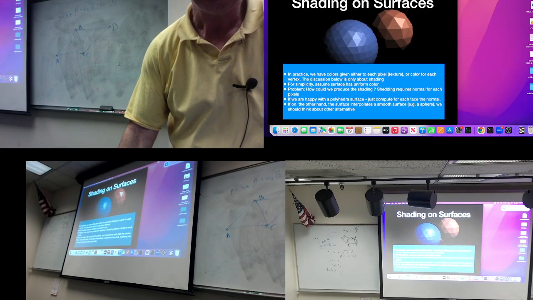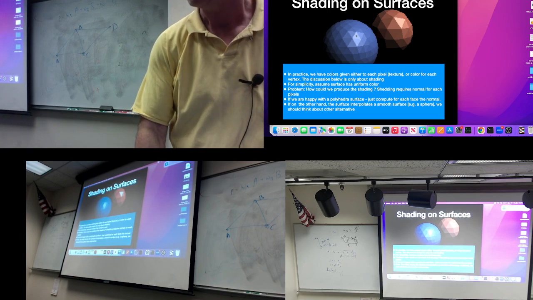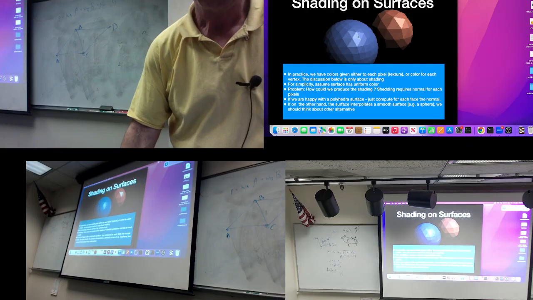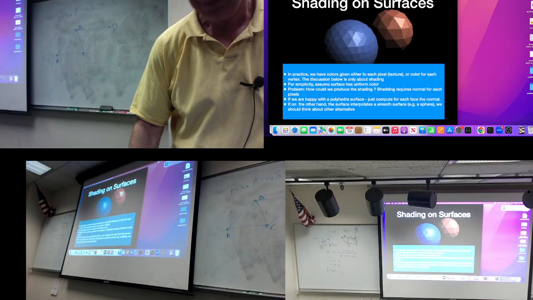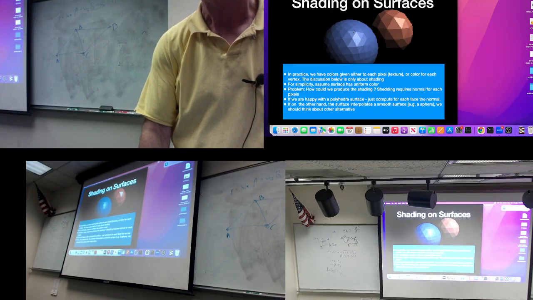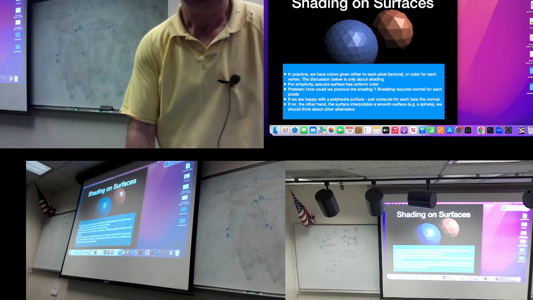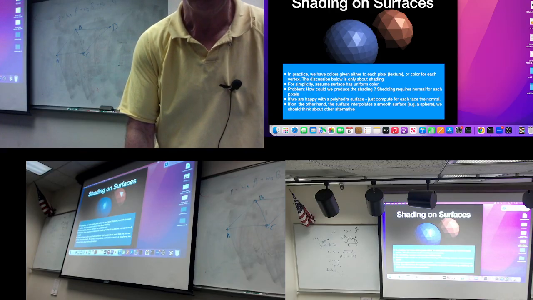It's very easy to see the boundary of each triangle. Presumably the whole surface is taken from a sphere, but it looks anything but. And that's flat shading. Quickest, cheapest to compute, very obvious.